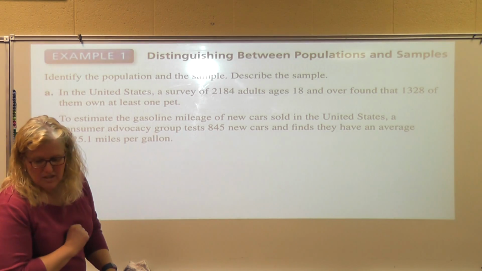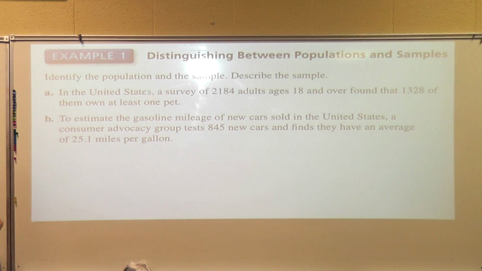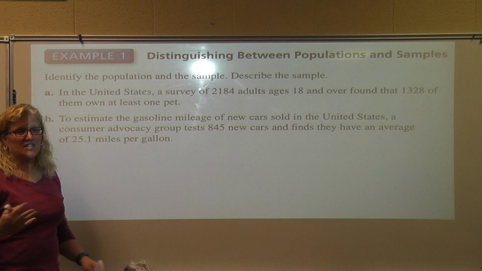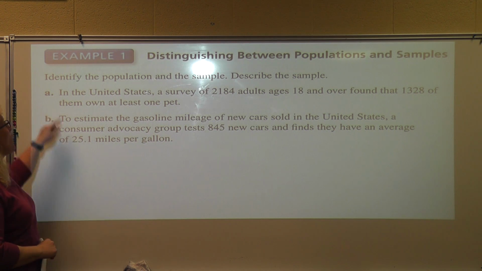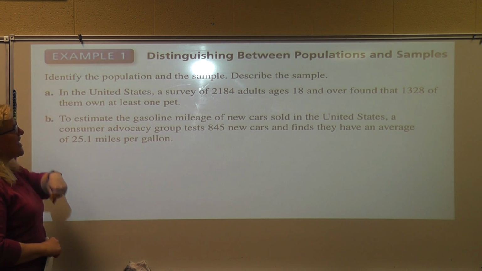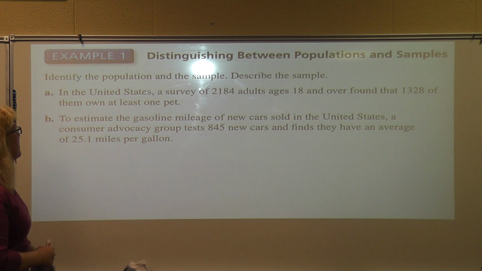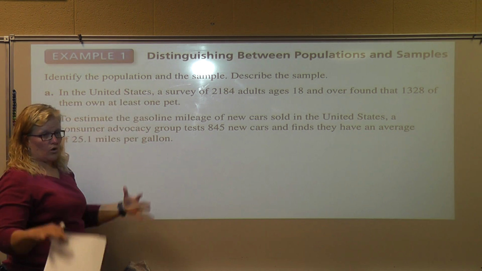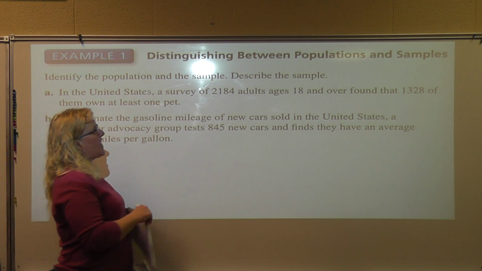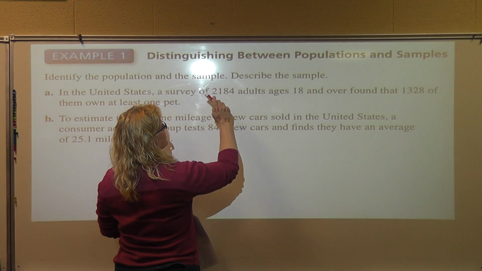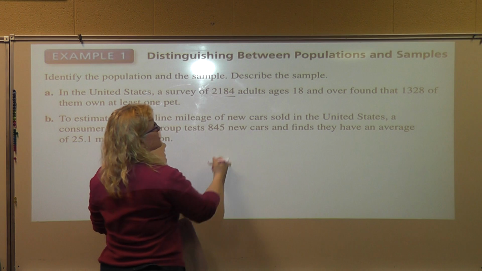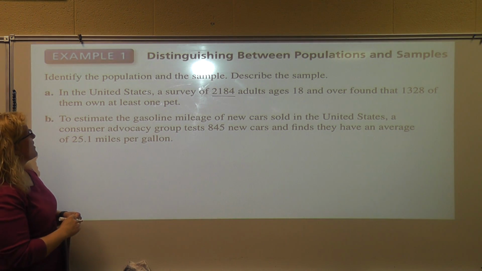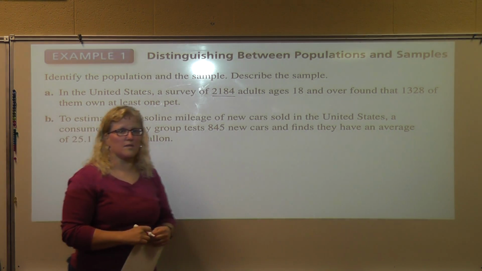Okay, so let's look at this example. We want to distinguish between populations and samples. This is what we're trying to do. So, identify the population and the sample and describe the sample. Okay, so in the United States, so first of all, that's the whole country, a survey of 2,184 adults, ages 18 and over, found that 1,328 of them own at least 1 pet.